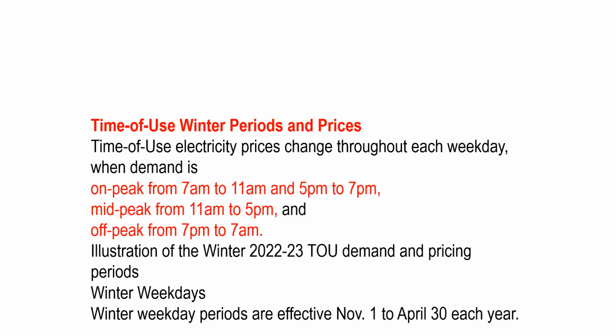Now you can see the time of use periods and prices. On peak is from 7 a.m. to 11 a.m. and 5 p.m. to 7 p.m. Mid peak is 11 a.m. to 5 p.m., and off peak is from 7 p.m. to 7 a.m. This is the off peak, which means the rate will be lowest in this period.